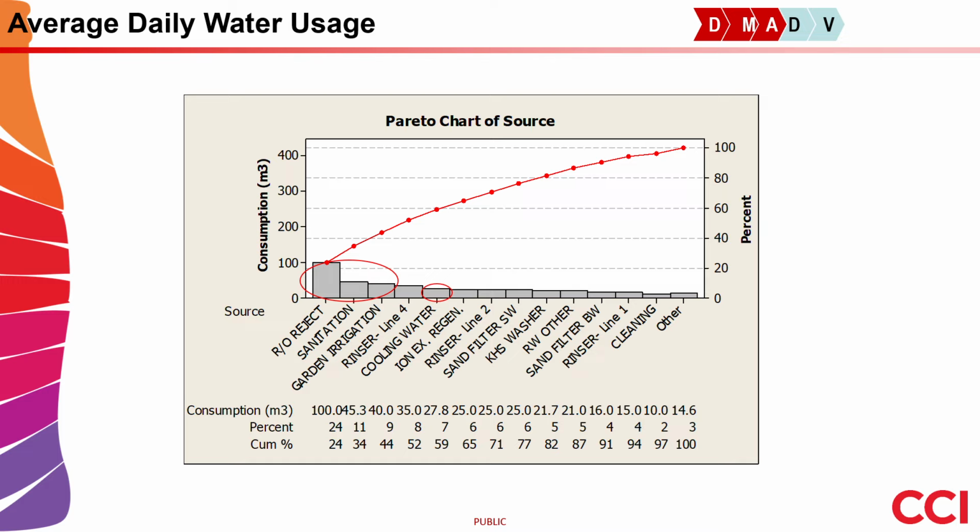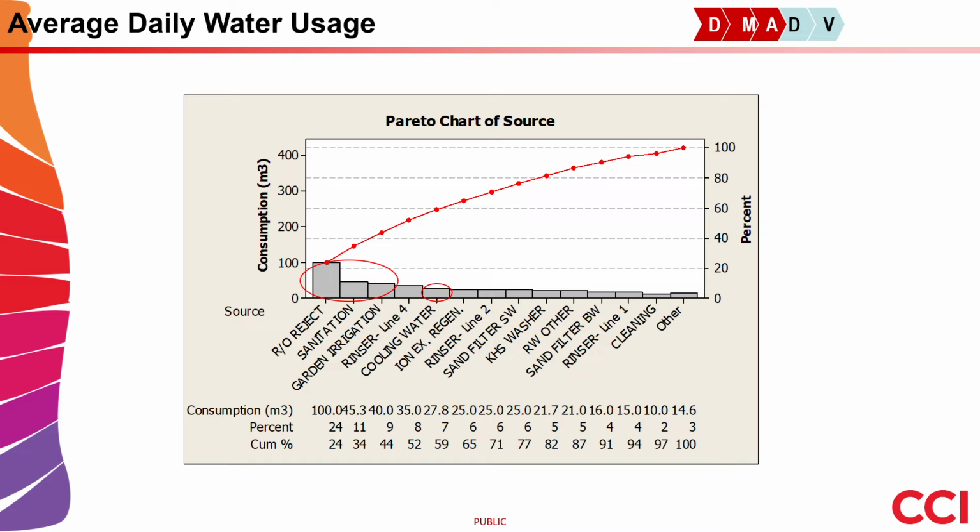All of these contribute towards around 100% consumption of the water. In percentage, you can see that RO reject is consuming 24% of the water, 11% is consumed by sanitation, garden irrigation is taking 9%, and so on.